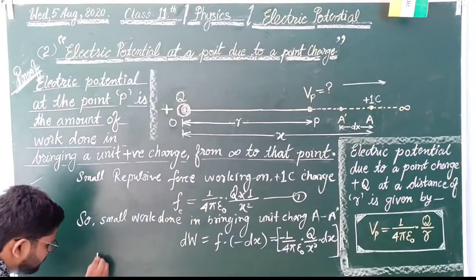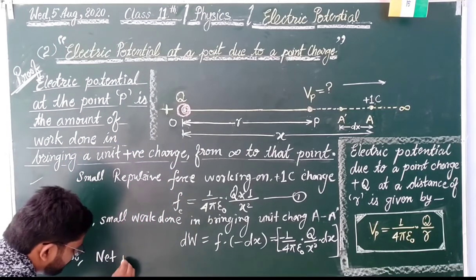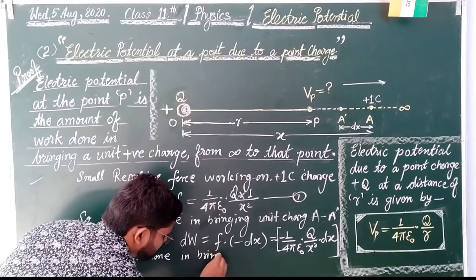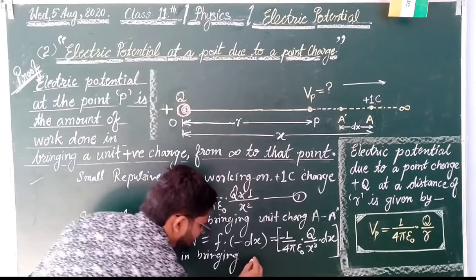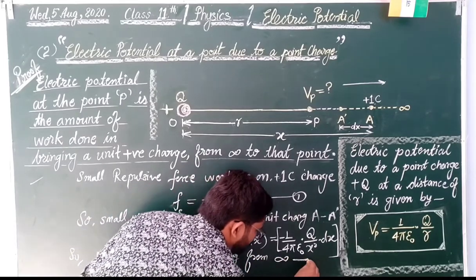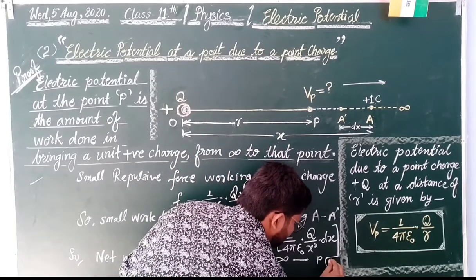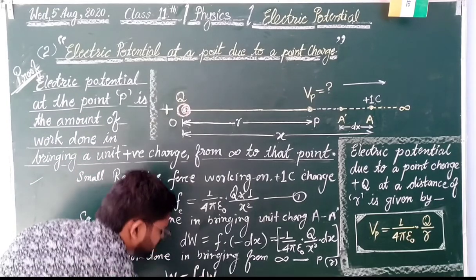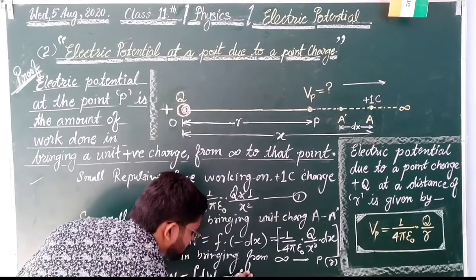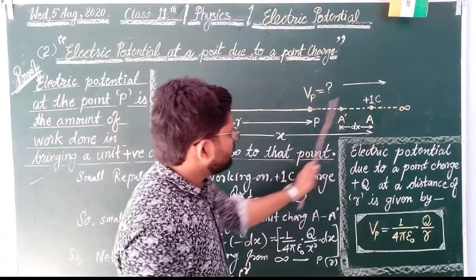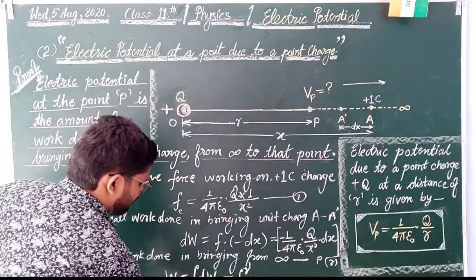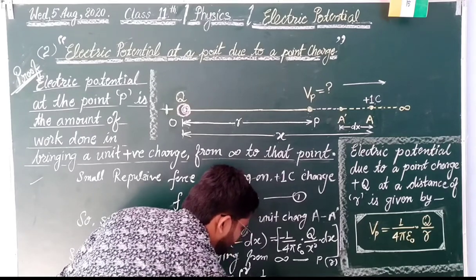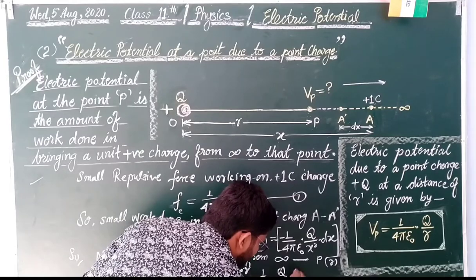So net work done in bringing from infinity to point P, say distance small r, that is W equals integration of dW, that is integration from infinity to distance of small r, and just put the value of dW, that is minus 1 upon 4 pi epsilon naught into q upon x square dx.